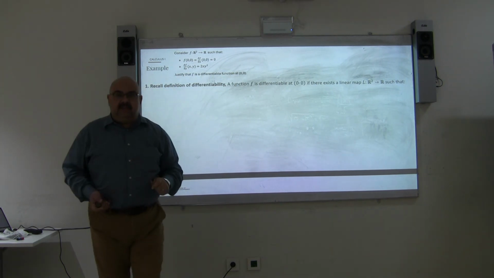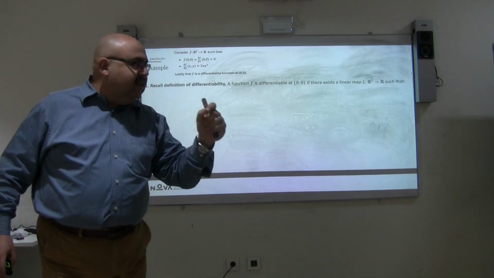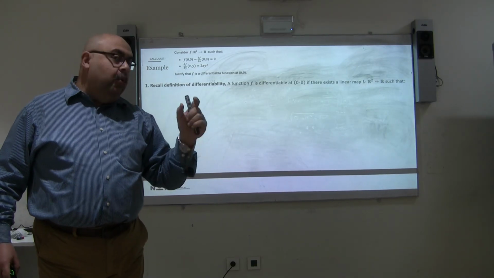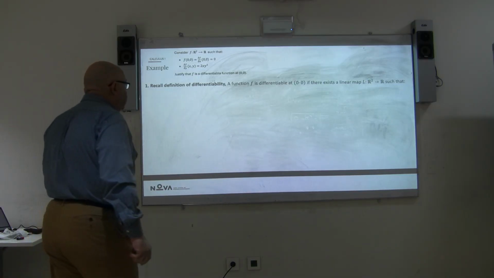How to justify this? If you remember, I have to get r of x and y, and the limit of r of x and y over the norm is equal to 0. So all I have to do is to use this relation.